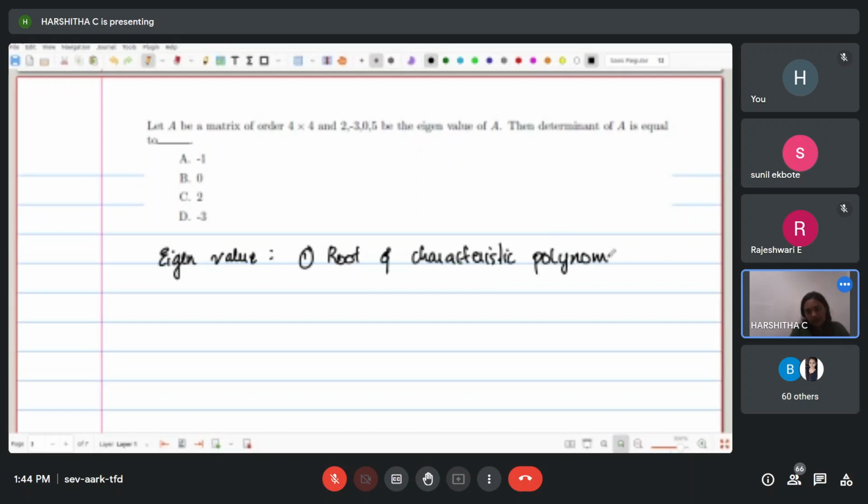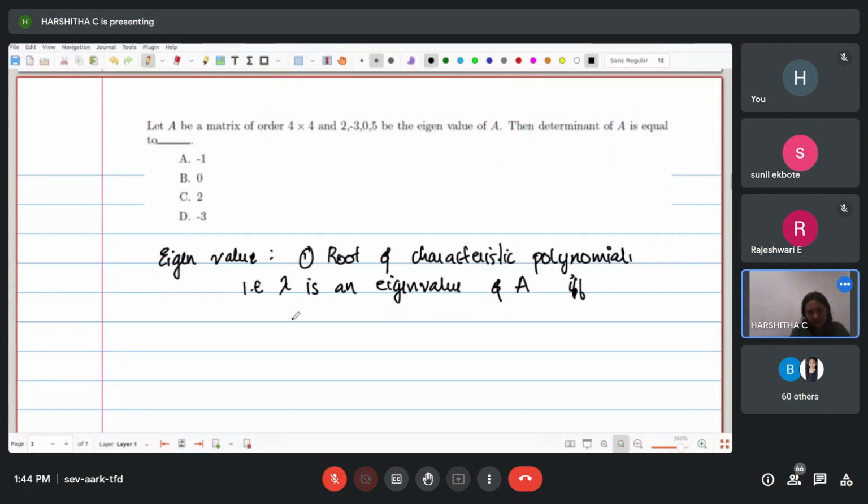This means lambda is an eigenvalue of A if and only if the determinant of A minus lambda I equals 0.